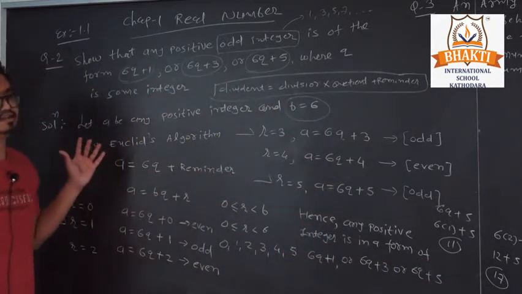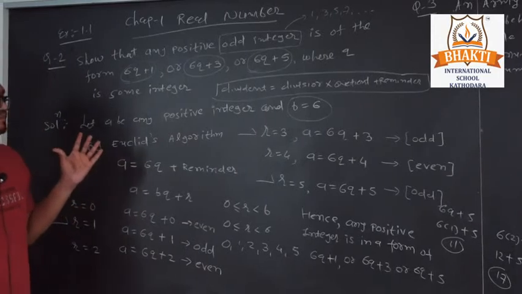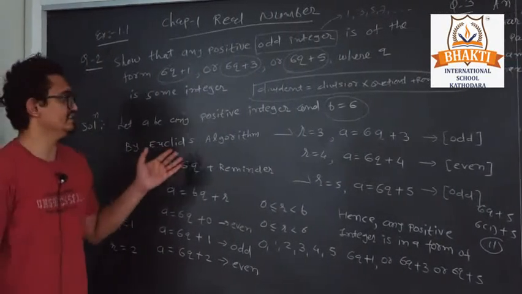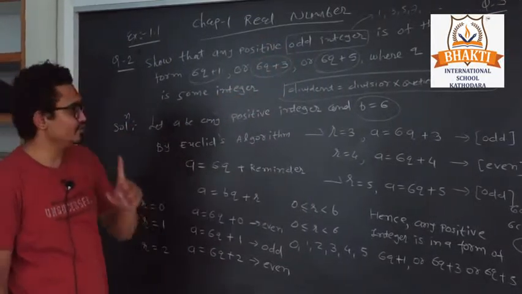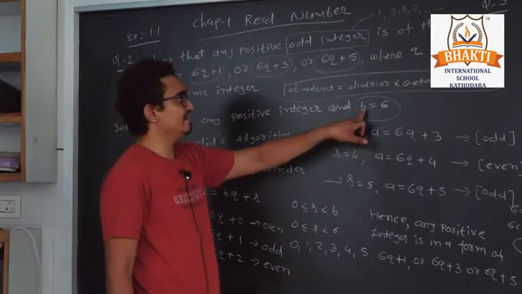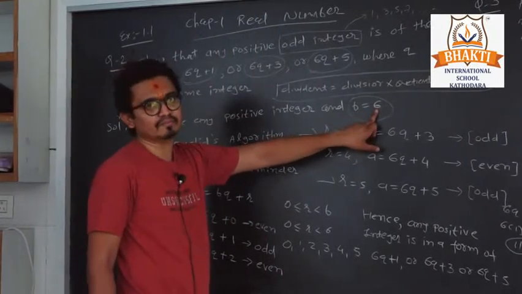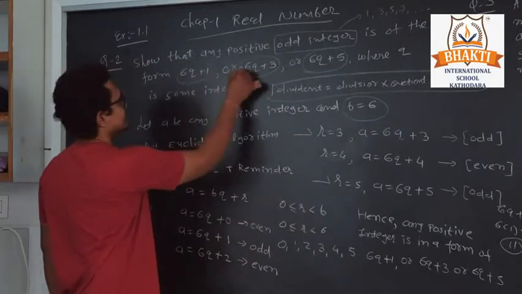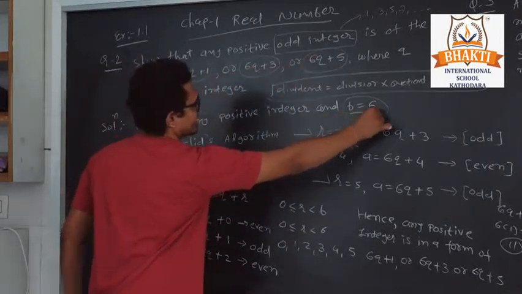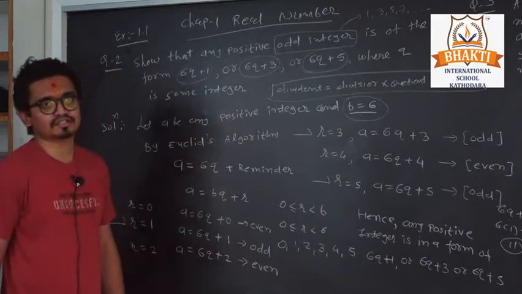So it is very easy. If we know the basic concept of that, we can easily get the answer to that question. Here you must remember one thing: how we decide the value of b. In that case, if we compare the number 6, here we can decide b is equal to 6.